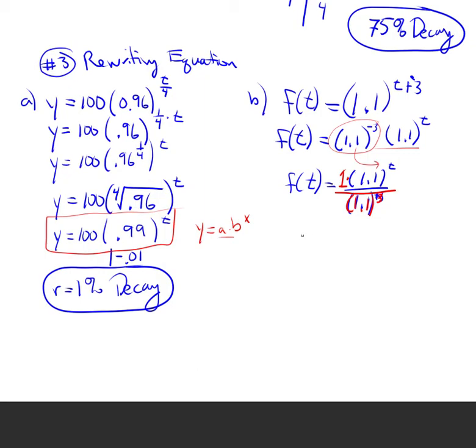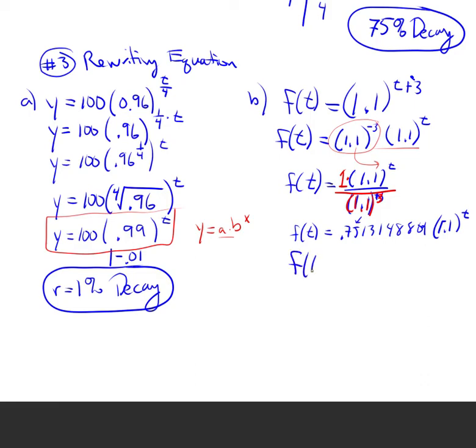We get a pretty crazy number, 0.7513148809, I think it is. Ugh, that's a big number. But basically, we can round it, and usually we round it to the 100th place.